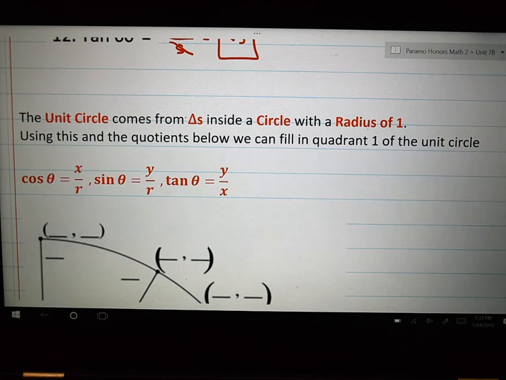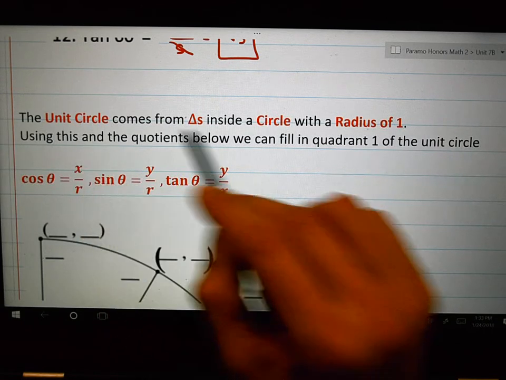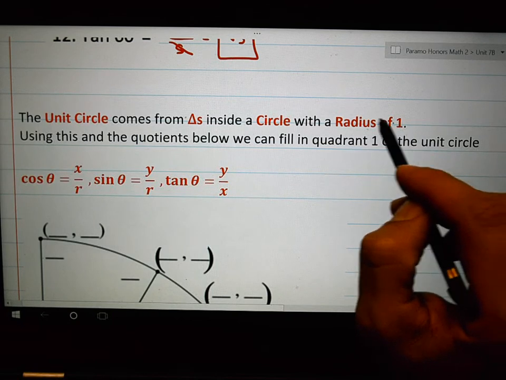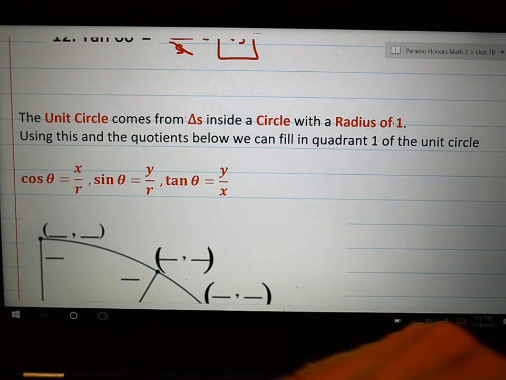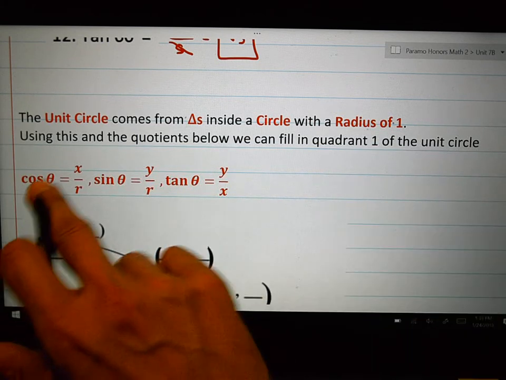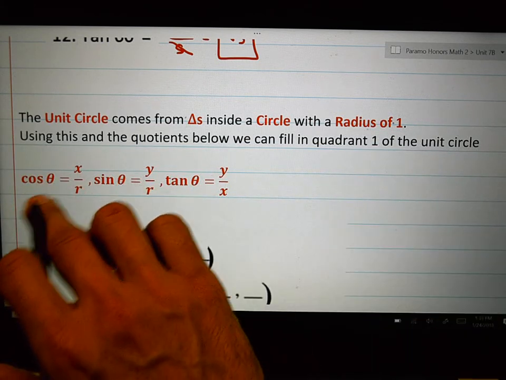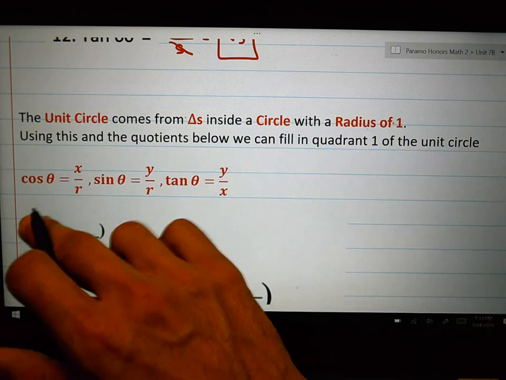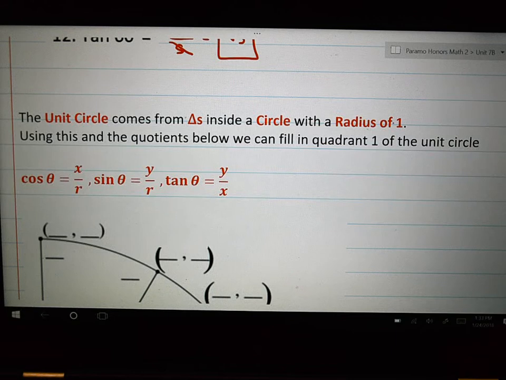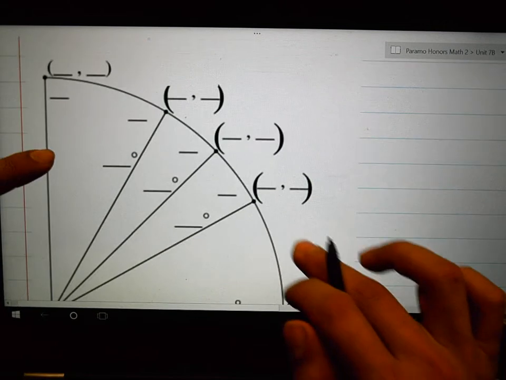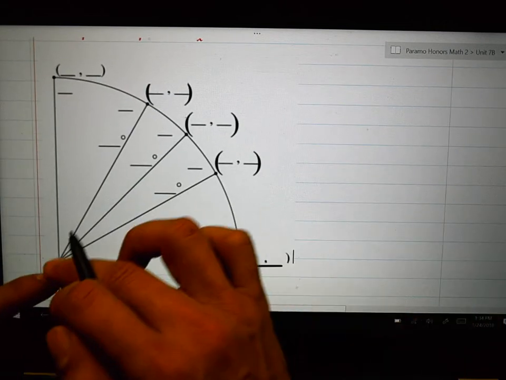Coming back to you. The unit circle has a radius of 1. That's going to make a difference to us. If you saw that there's a third triangle that you're going to use on this worksheet, and it has these things that you'll see that there's an x over r and a y over r and a y over x when you're dealing with a theta and you have an x, y, and an r. What I like about this is that you have an x distance, a y distance, and a radius.